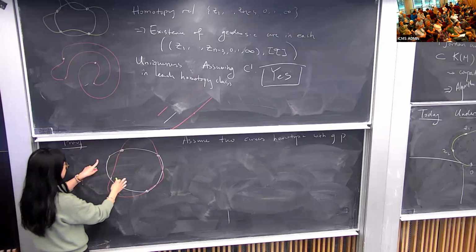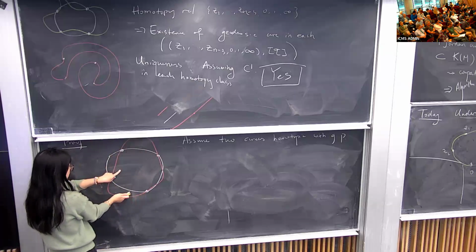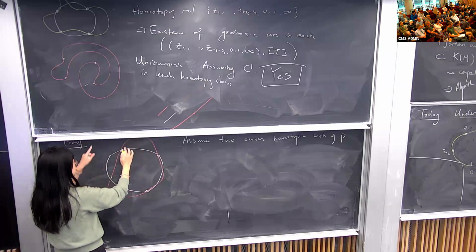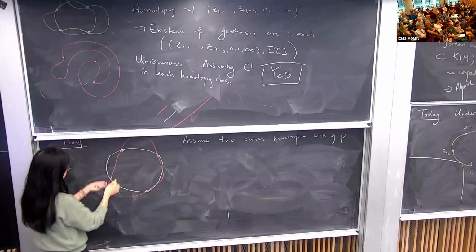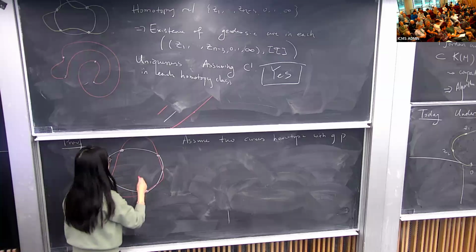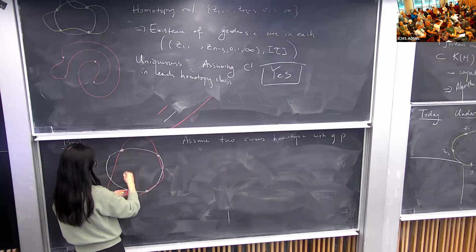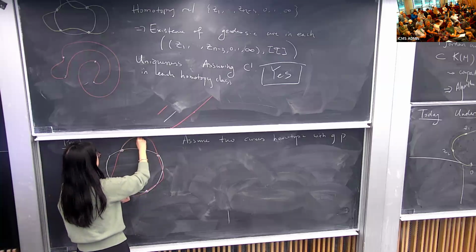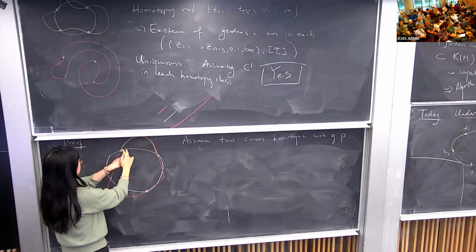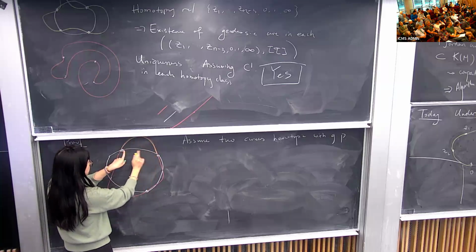I'm going to define a function on the red curve and take the white curve as my reference curve. And I want to see, for each of the red curve, how far it is from the white curve. So first I define a function for each of the pieces, say on this piece. I want to know how far it's from this one.